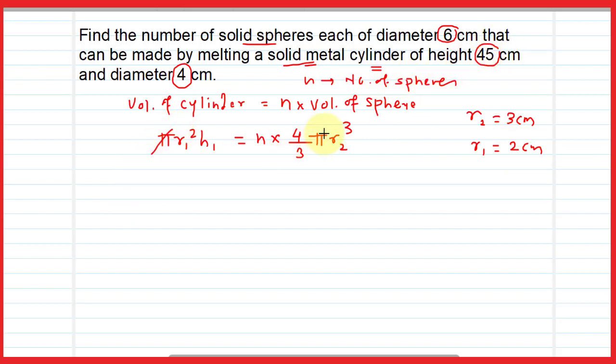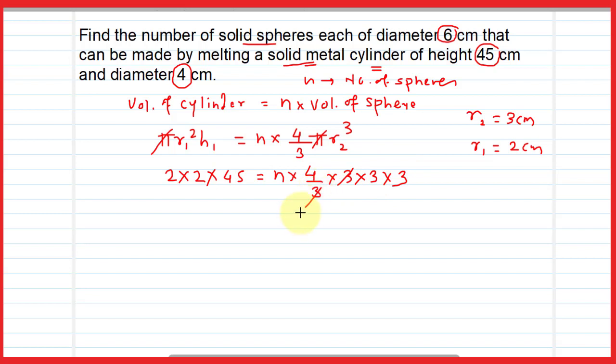So here pi and this pi will get cancelled. So this will be R1 square, 2 into 2, into height of the cylinder, that is given as 45, which is equal to N into 4 by 3 multiplied by R2 cube. R2 is 3, so R2 cube is 3 into 3 into 3.